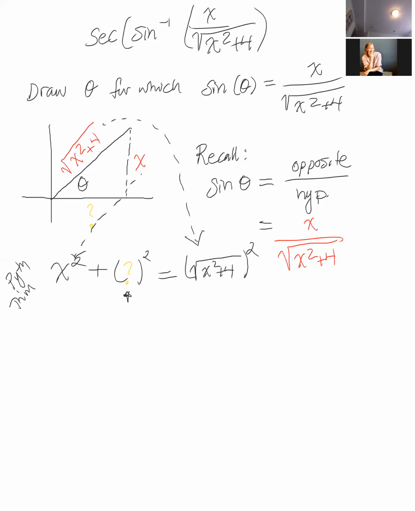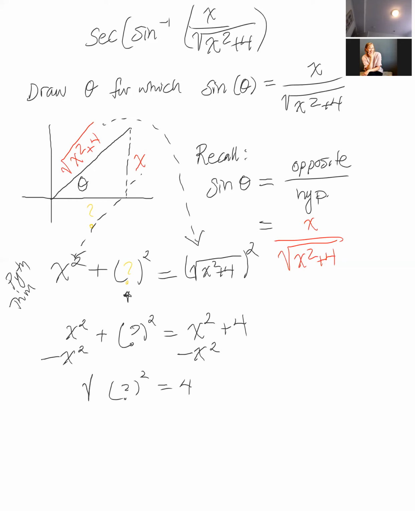Okay, so x squared plus that question mark squared is equal to, a square undoes a square root, so this is equal to x squared plus 4. I'm going to get that question mark squared by itself, so I'm going to subtract x squared from both sides, and I get that the question mark squared is equal to 4.